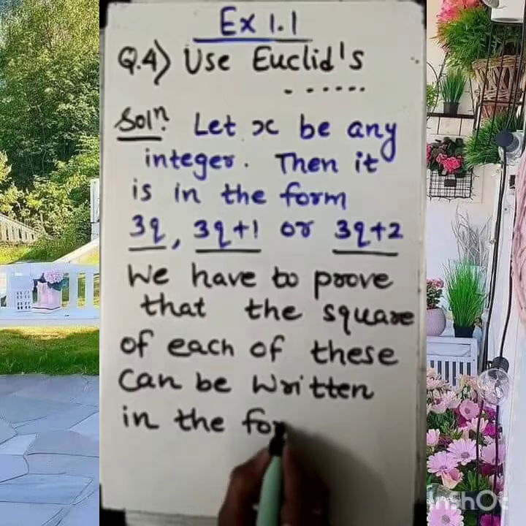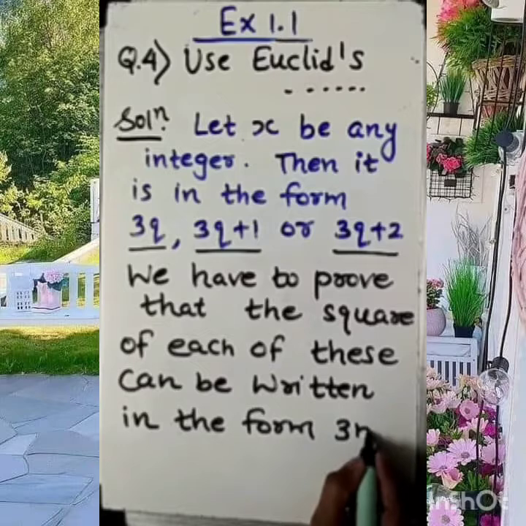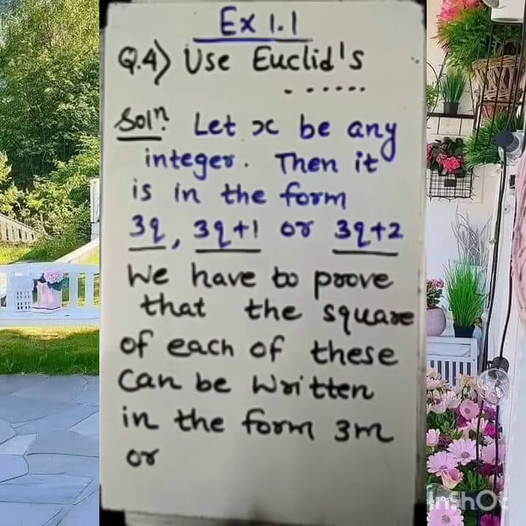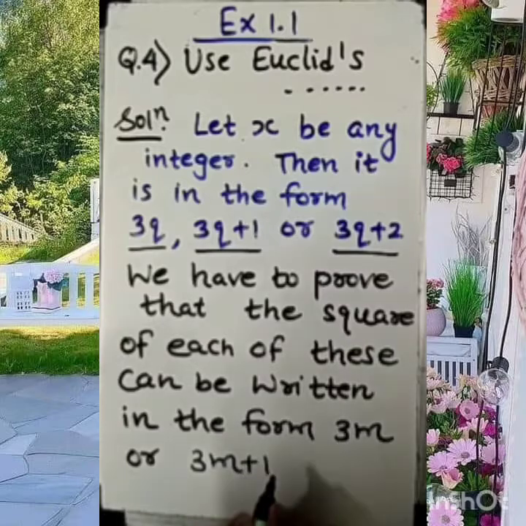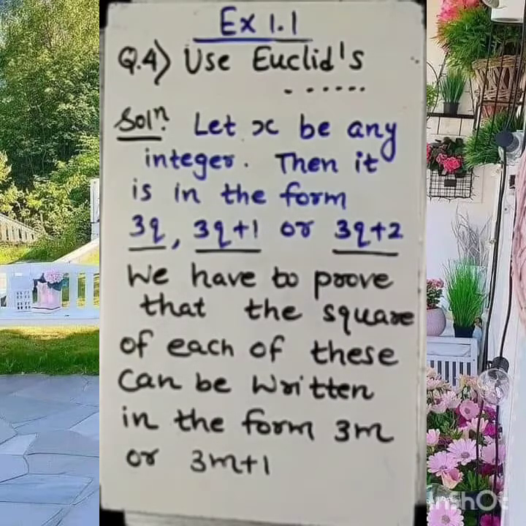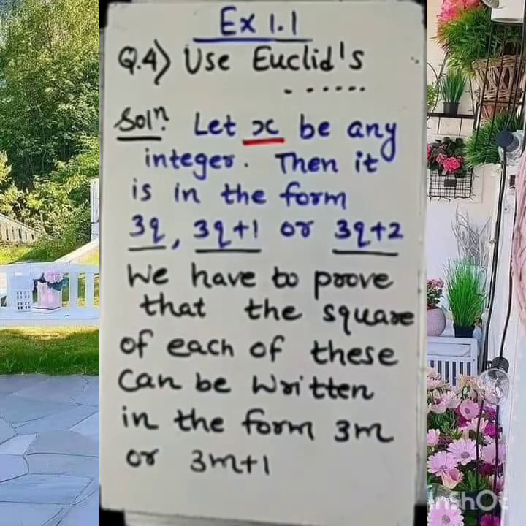We need to find the square. It can be written in the form 3m or 3m plus 1. Please keep this in mind. What are we assuming first? We are assuming x is an integer.